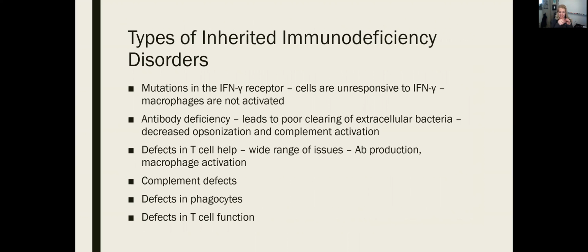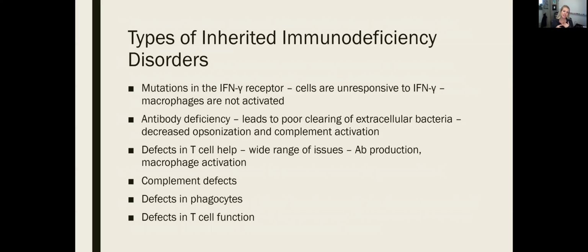You can have defects in T cell health. This is a huge range of issues. If it's a CD4 positive T cell, then that is bad news because that runs the whole show, right? But any of the T cells can have defective issues. Then that can affect antibody production, that can affect macrophage activation, or any of the other cells downstream of the immune response.